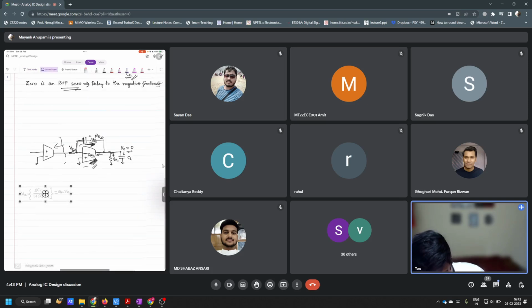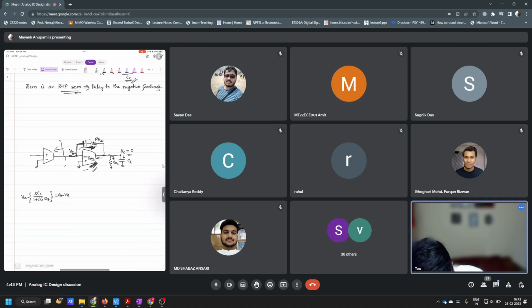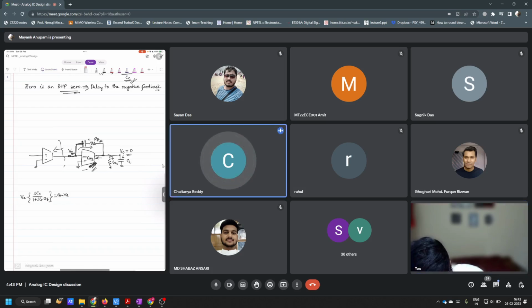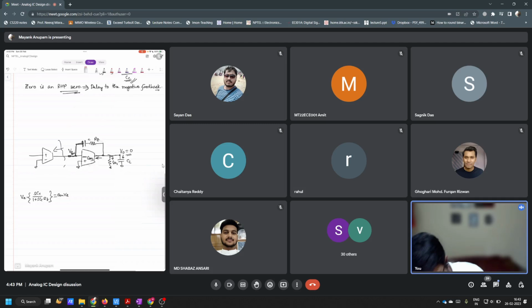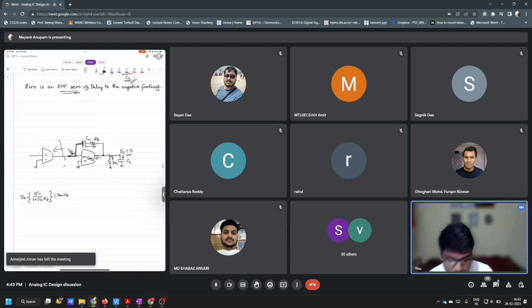So at zero frequency, what will happen? Again, I'm trying to find the value of RZ. At zero frequency, the current through this capacitor CC and this will simply circle inside, right? No current will go inside here, and Vout will be equal to 0, correct?